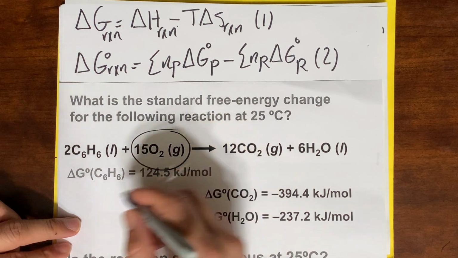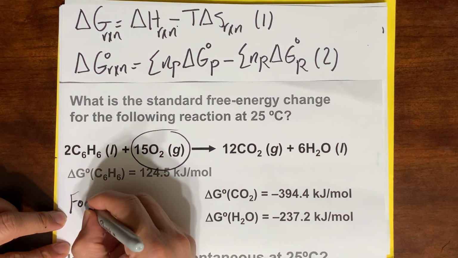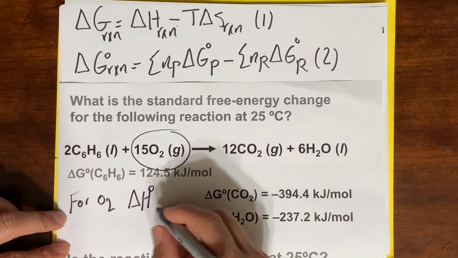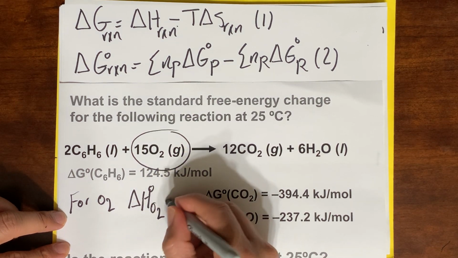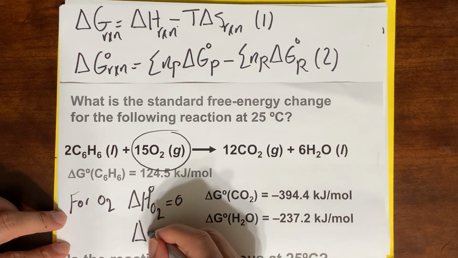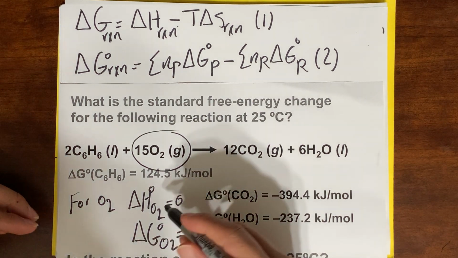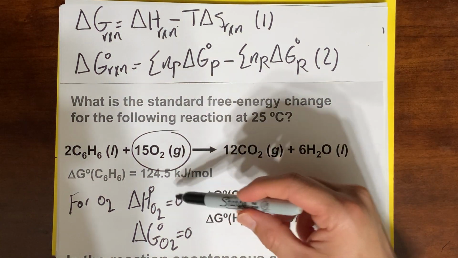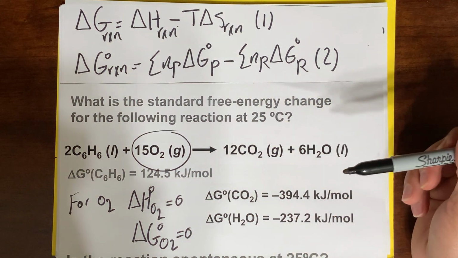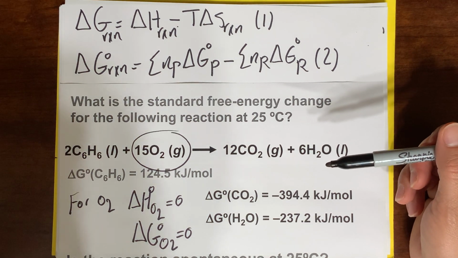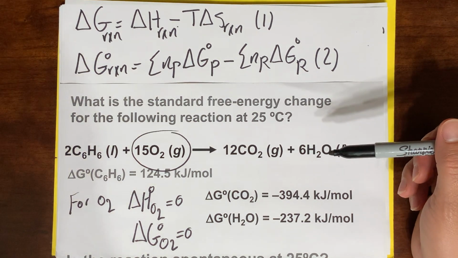Remember, for O2 we said delta H of O2 is 0. You will see the same thing for delta G. Wherever delta H was 0 under standard condition, then you write the same thing for delta G. The most stable phase of any element has delta G equal to 0.